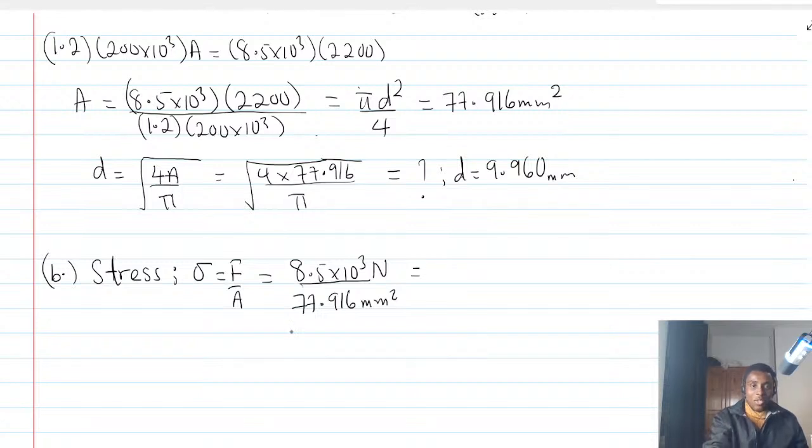All right. So someone got the stress. Let's say 109.1 megapascal. Because you are dealing with Newton and millimeter squared, it is stress. So it is not newtons. It's actually megapascal. You have to be careful about the unit. I hope the concept is clear. I want us to solve another problem.